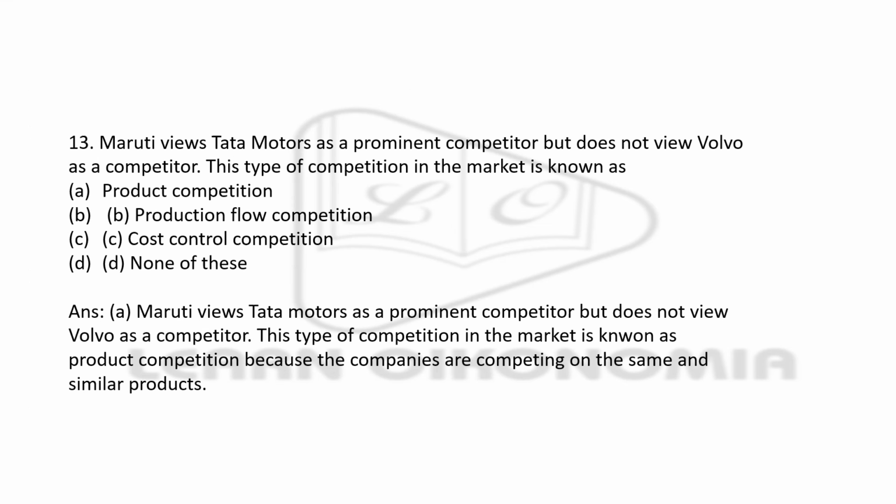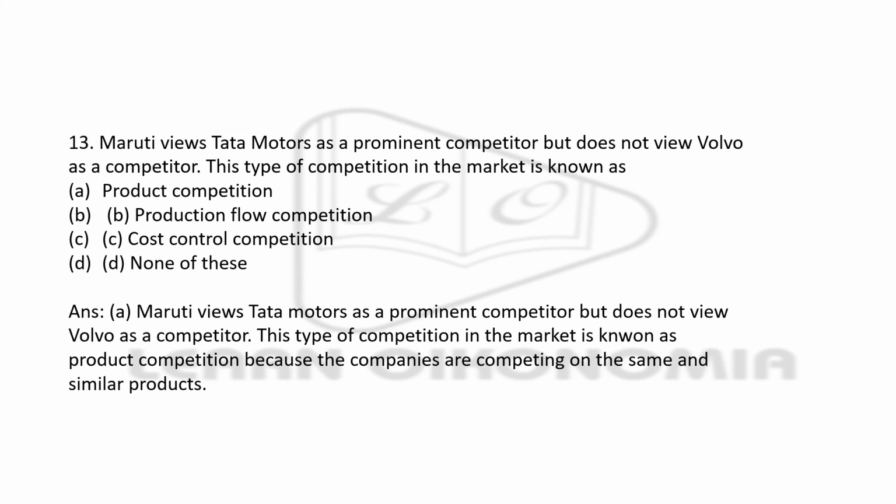So that's all. Next, we are going to the question regarding Maruti, Tata Motors, etc. So Maruti views Tata Motors as a prominent competitor, but does not view Volvo as a competitor. Why? This type of competition in the market is known as dash. You are given three different companies: Maruti, Tata Motors, and Volvo. So you have to see which type of market this is.